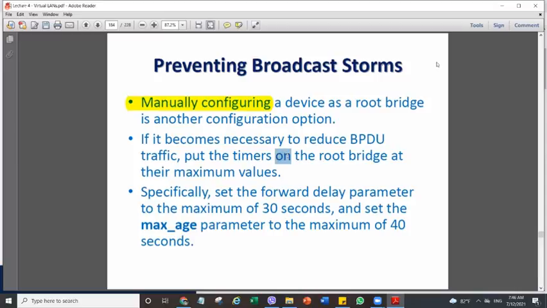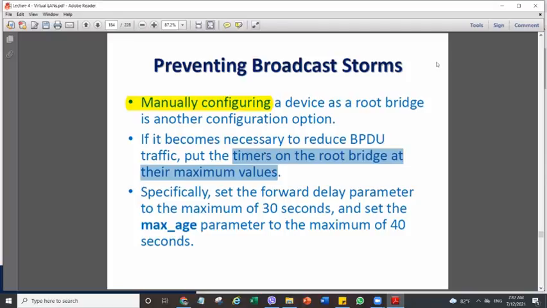With manual configuration, there are some extra configuration steps. Let's go forward and see.